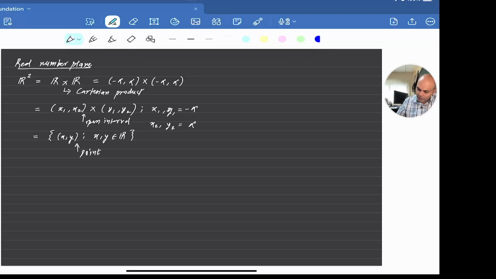So graphically, the real number plane can be denoted by drawing vertical and horizontal axes.